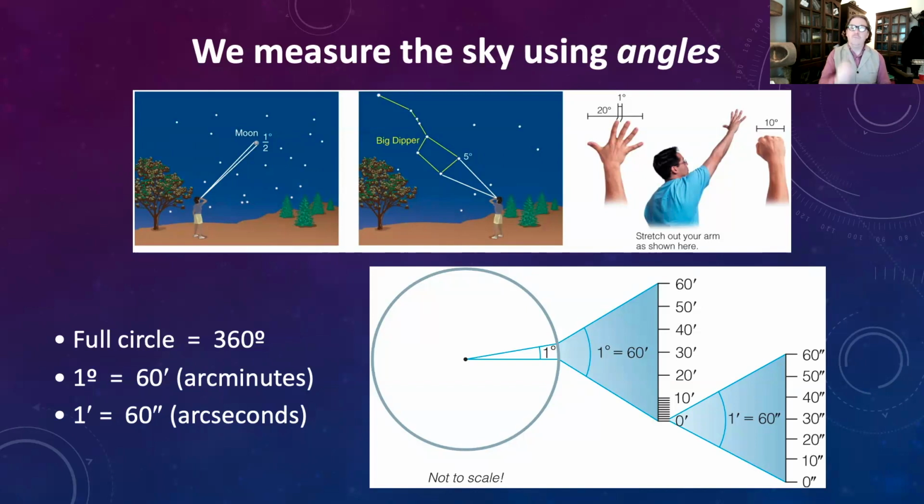Each arc minute can be subdivided into 60 pieces, and each one is an arc second. If you want smaller units, then you get into decimals. So, for example, a milliarc second is 1/1000th of an arc second. A micro arc second is 1 millionth of an arc second. So it becomes decimal after that.